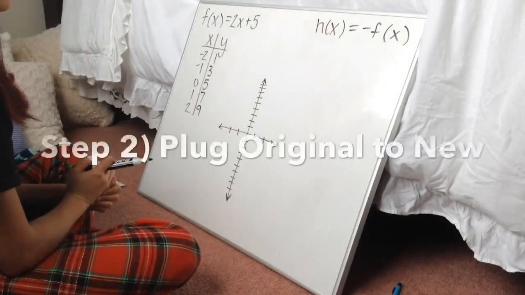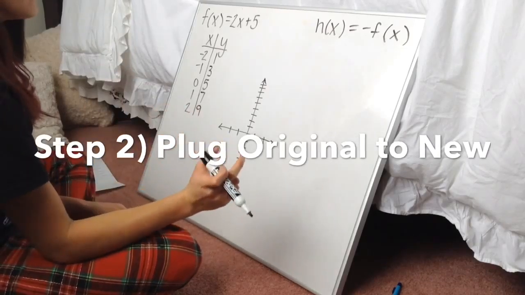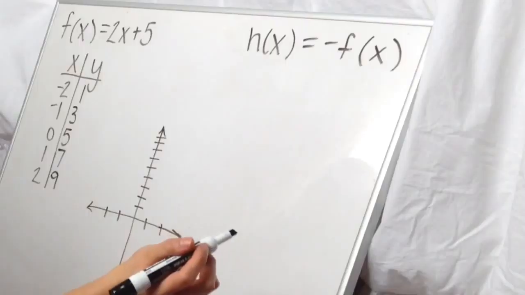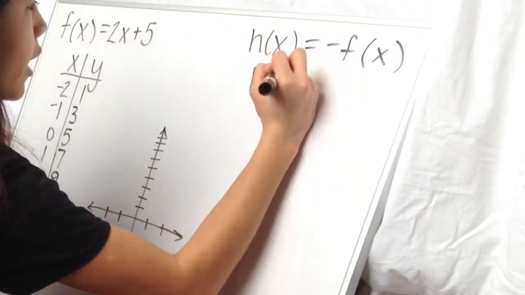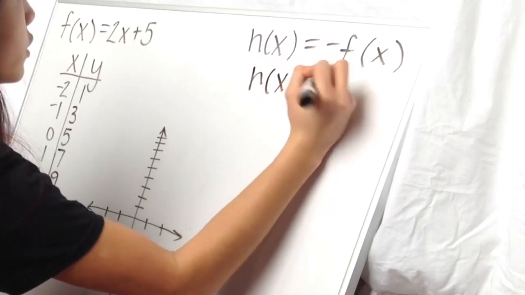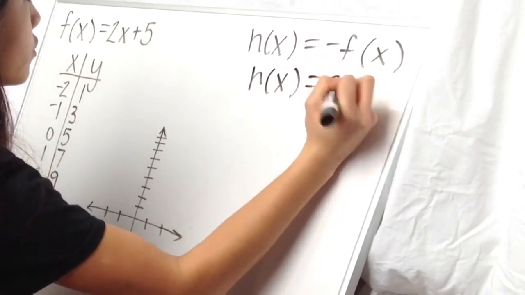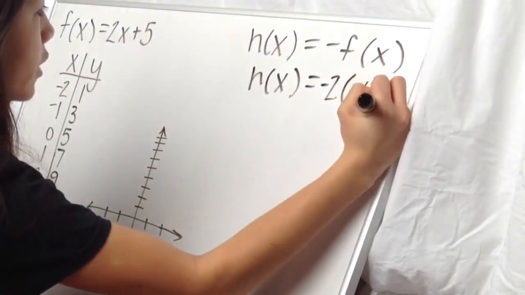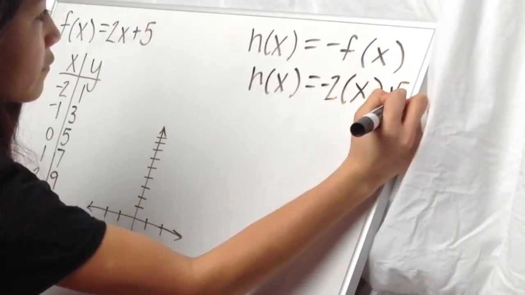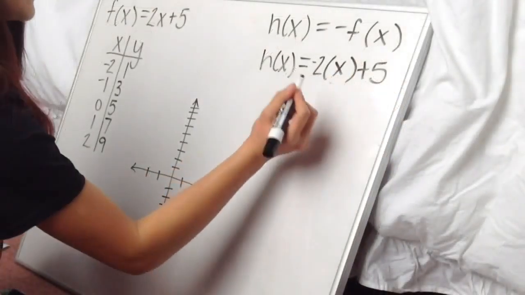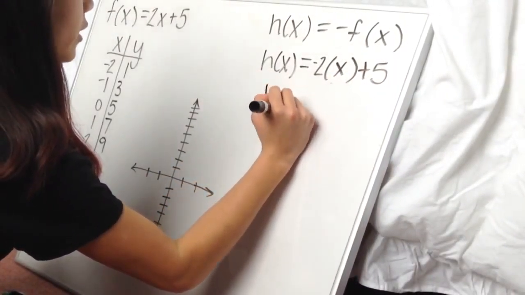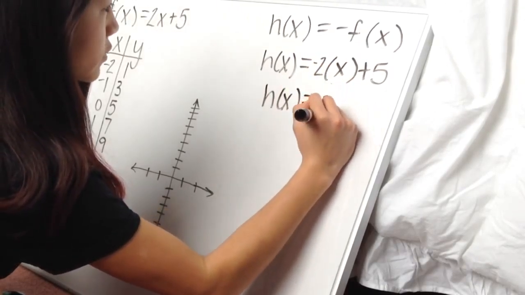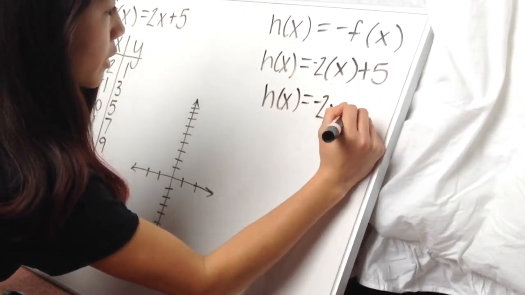So now I'm going to plug my original problem into my new problem, which is h of x equals negative f of x, which would be h of x equals negative 2 parentheses x, close parentheses, plus 5. So now I'm going to solve this, which is h of x equals negative 2 times x, which is negative 2x, and then plus 5.